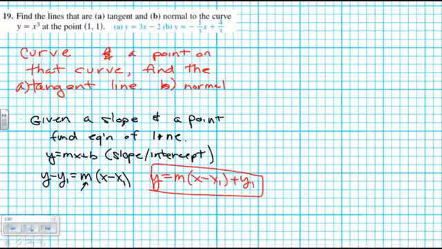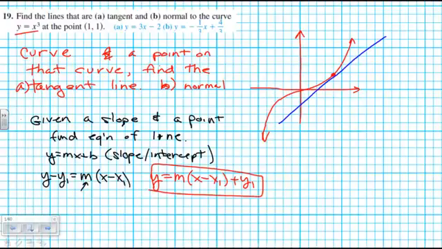And now let's combine the two ideas. We have a function. That function graphed looks like that. And there's a point, let's say it's (1, 1) there. And through that point, we would like to draw that tangent line, a line that touches the curve once and mimics the slope.